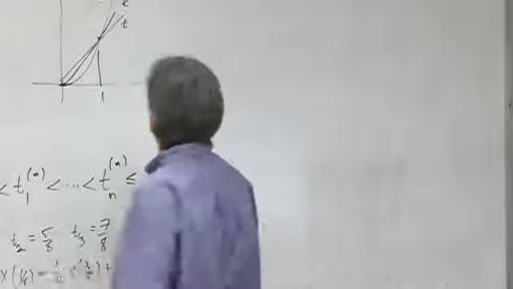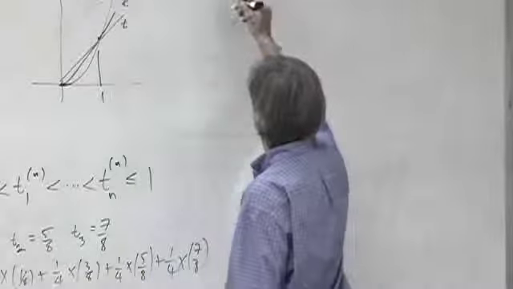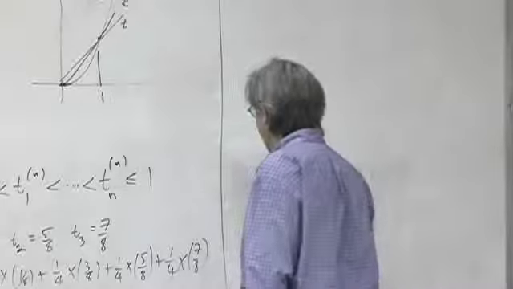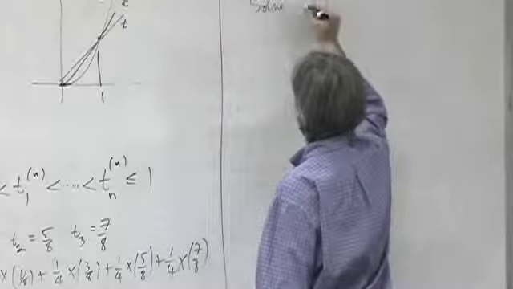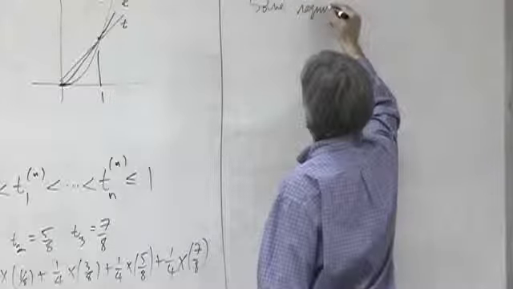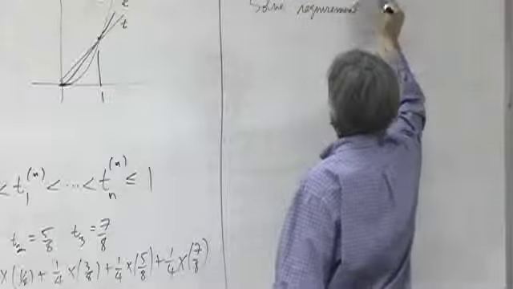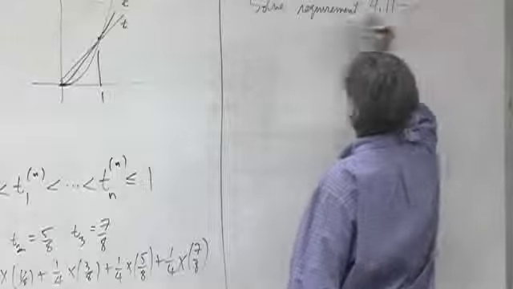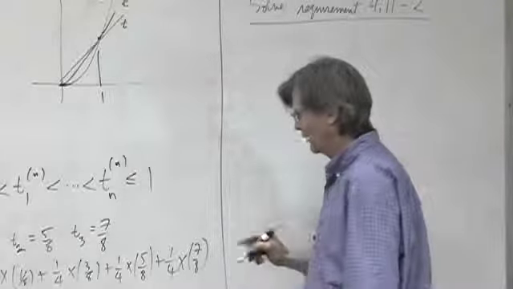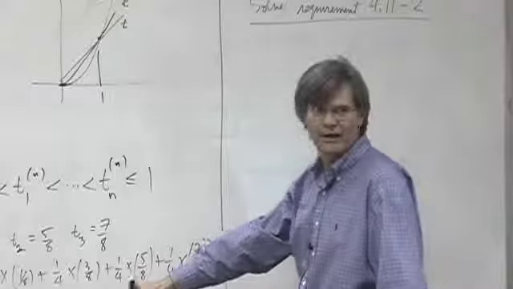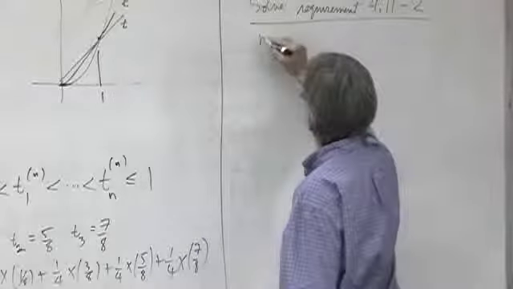And I took the case, so solve requirement 4.11-2. What he does, he says, give me my nodes. What I'm going to do is just take the endpoints of the same interval here. So I'm going to take n equal to 4.